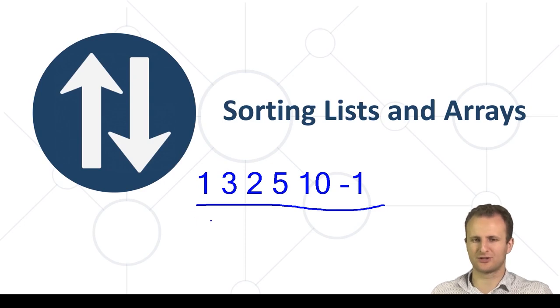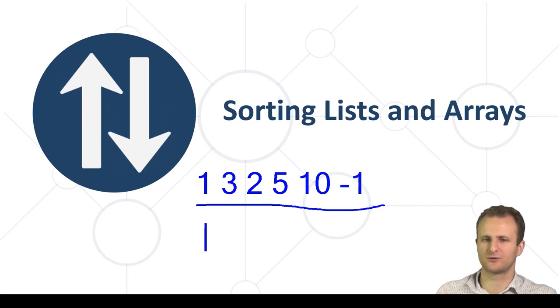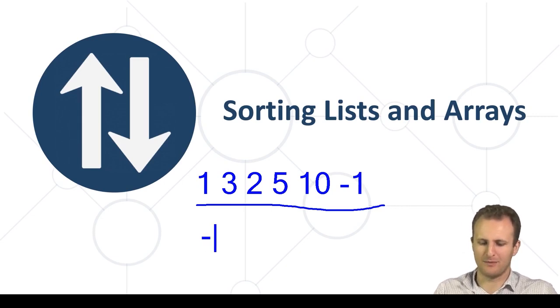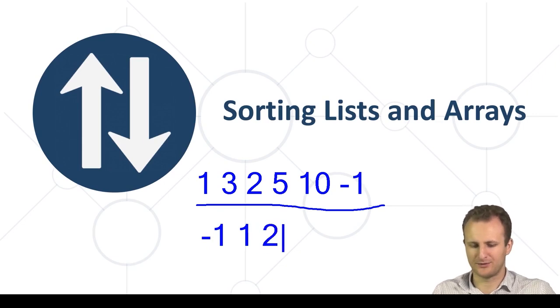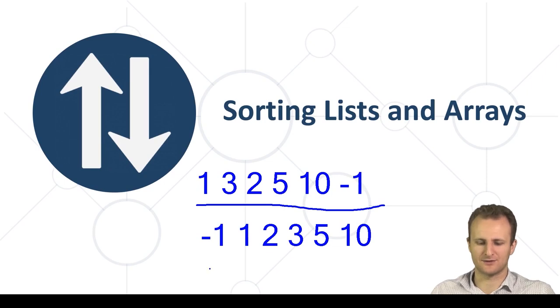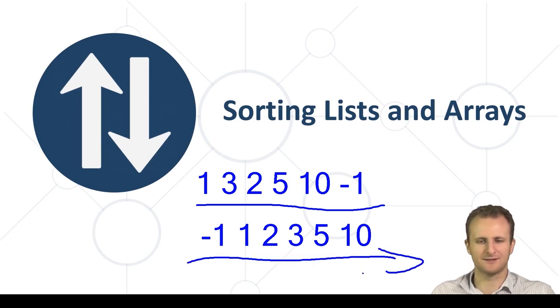A sorted version of this collection would be the items ordered according to some comparison, and the natural comparison for numbers is the numbers ordered by their positions on the numerical axis. So you'd have minus 1, 1, 2, 3, 5, and 10 in a sorted array or list. This one is sorted by the value of the element in the appropriate position.